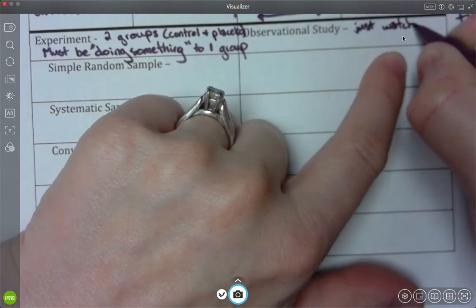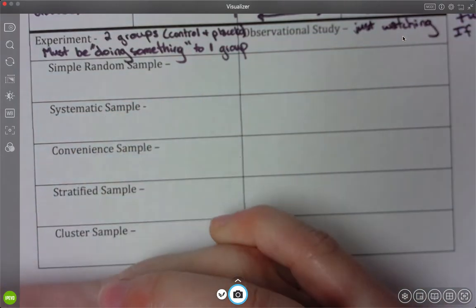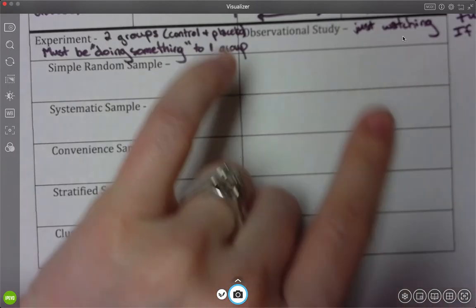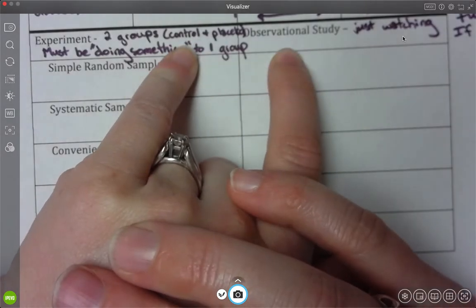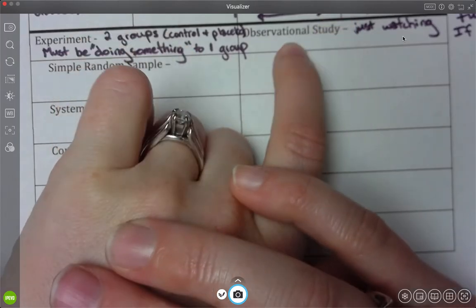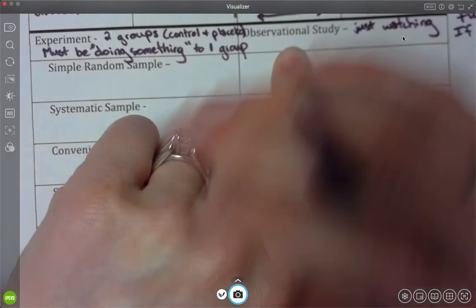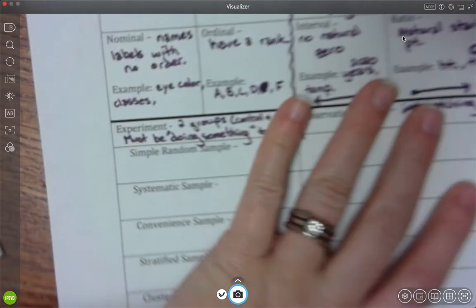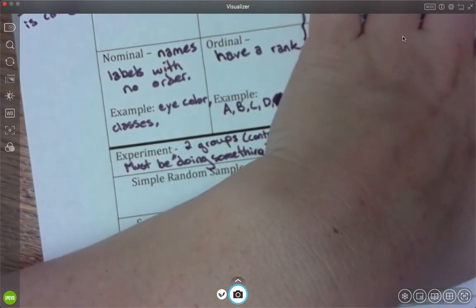Sometimes they will lump these into three categories instead of just two. So they'll say experiment, observation. Sometimes they'll also do a survey. So survey, experiment, observation, those are kind of the three main types of data collection that you do.